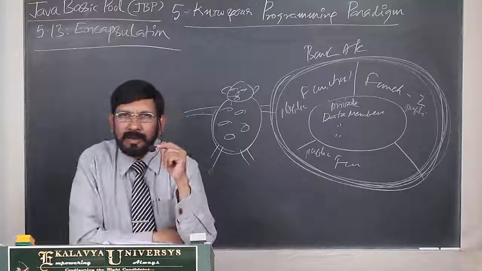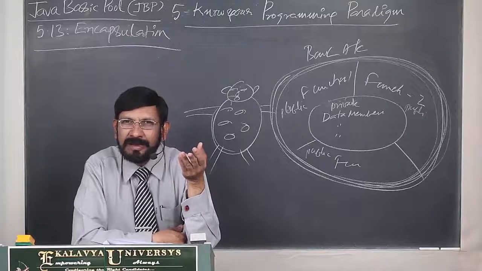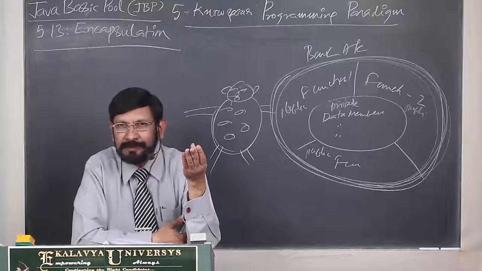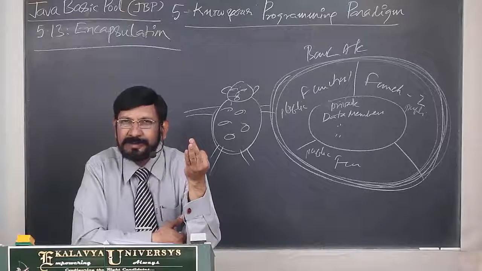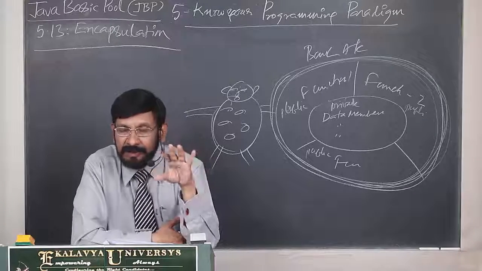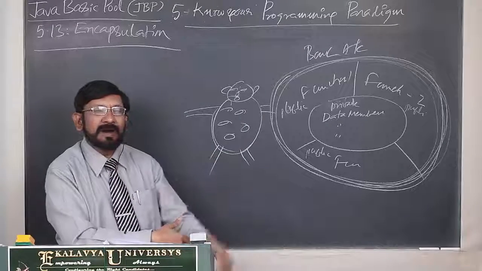But how are you using the car? You are using the car by using interfaces. What are the public interfaces? Steering, clutch, brake, accelerator, etc. Those are public interfaces, and you are using the car.